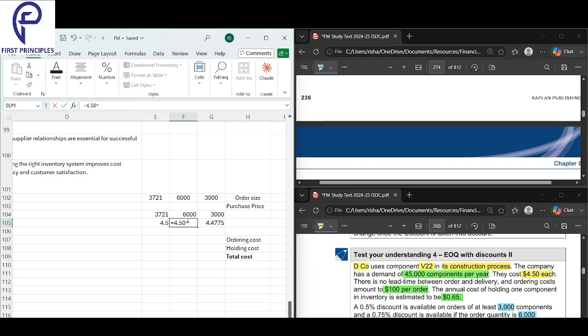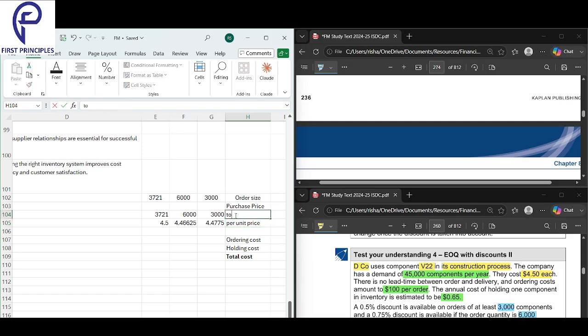So we will be taking only 99.25% of it. So it is 4.46. So this is the purchase price. Without discount, my purchase price is 4.5. With a 0.5% discount, this is my purchase price. And with a 0.75% discount, this is my per unit price.